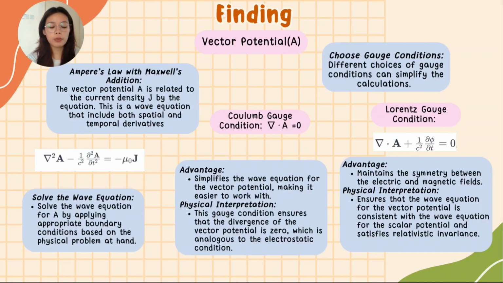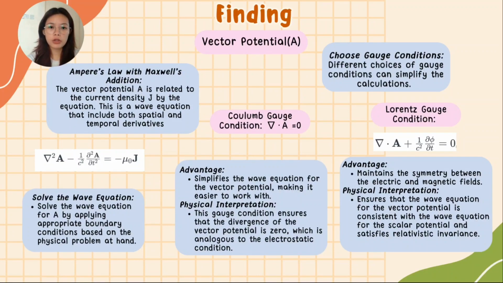And the physical interpretation is this gauge condition ensures that the divergence of the vector potential is 0, which is analogous to the electrostatic condition. Next one, we look at the Lorentz gauge condition. So the condition is as stated below.